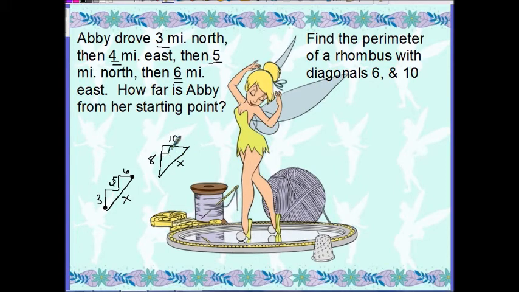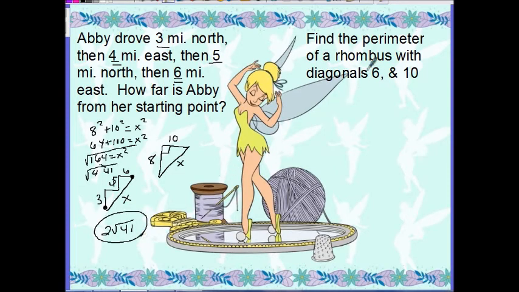Let's plug it into Pythagorean's theorem. 8 squared plus 10 squared equals x squared. 64 plus 100 equals x squared. 164 equals x squared. And let's go ahead and square root it and look for the biggest perfect squares. It's going to be 4 times 41. Square root of 4 is 2, so 2 root 41 is the distance from her starting point.